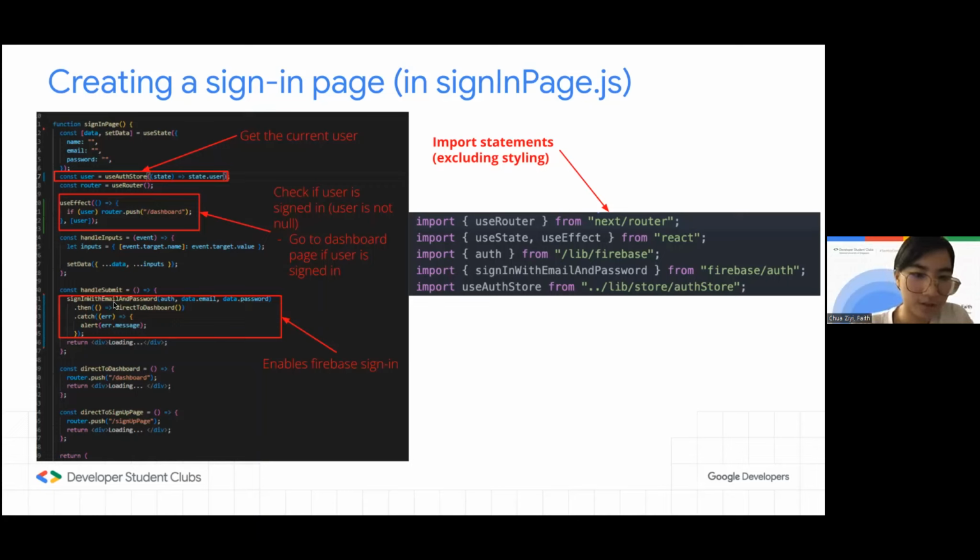When you call this method, it directs you to the dashboard right after you're signed in, assuming you're signed in properly, and if not, it will alert you. So this method basically enables the Firebase sign in. It's the API for it. You can Google for the exact syntax and API if you want. I'll give you some time to write this down. Do sound off if you have any issues.